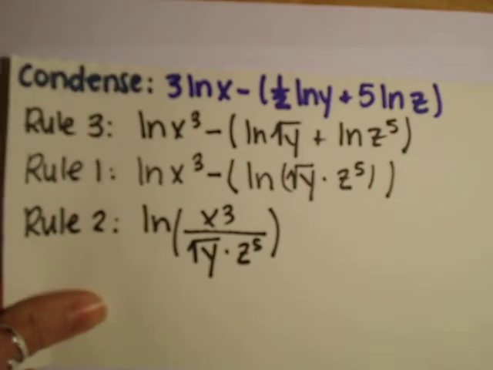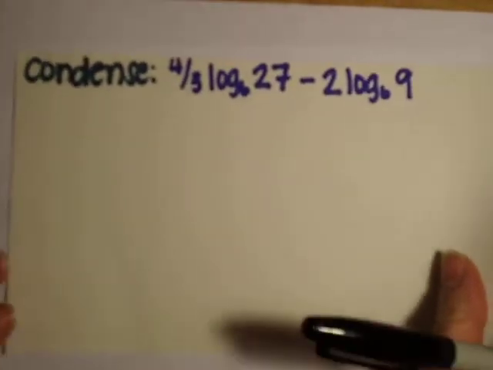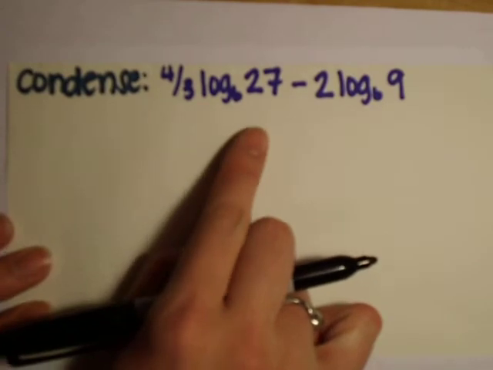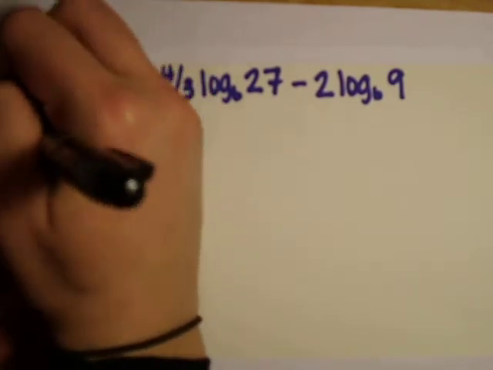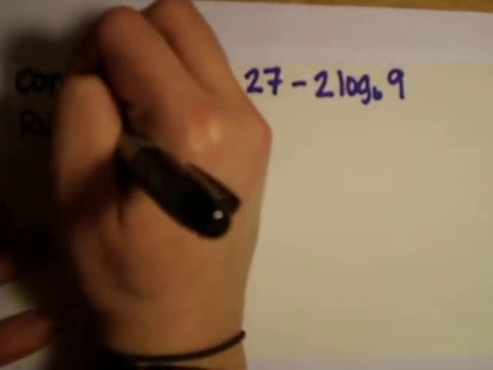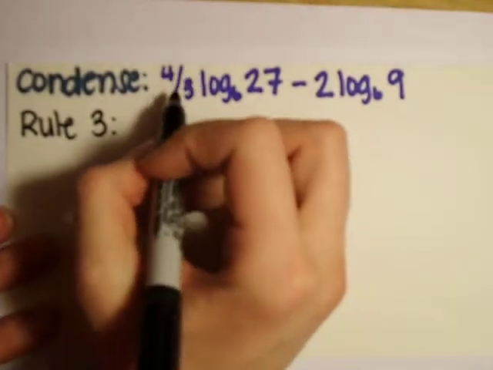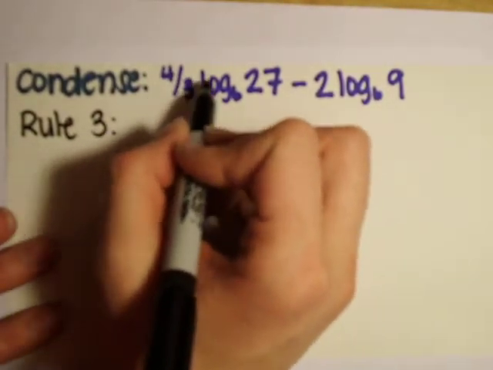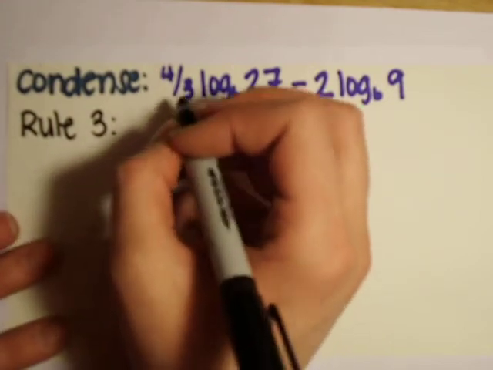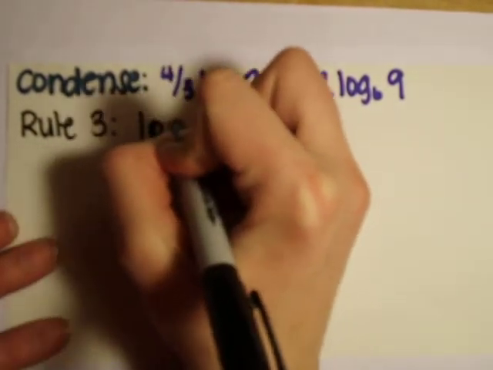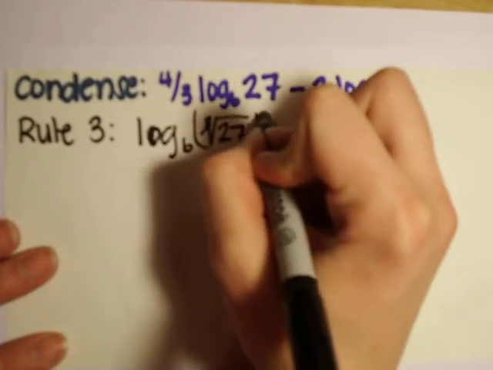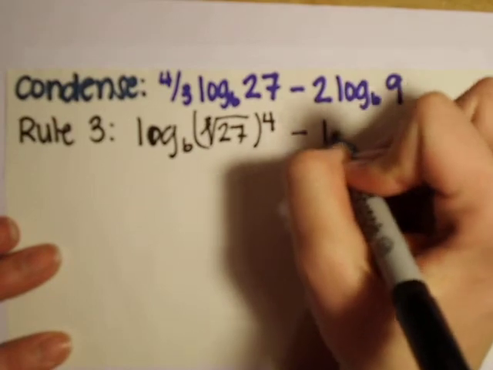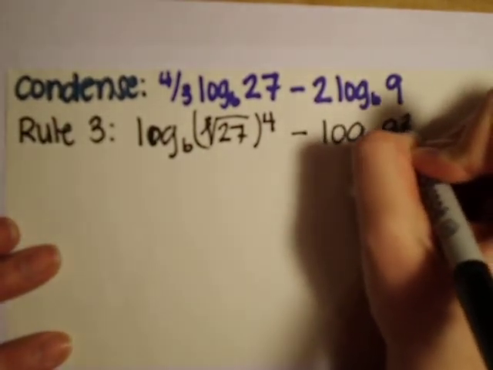Let's try one more condensing. Here we have 4/3 log base b of 27 minus 2 log base b of 9. So again, let's start with rule 3 to move our coefficients to exponents. So our 4/3 becomes the cube root of 27 raised to the 4th power. So we have log base b of the cube root of 27 to the 4th minus log base b of 9 squared.